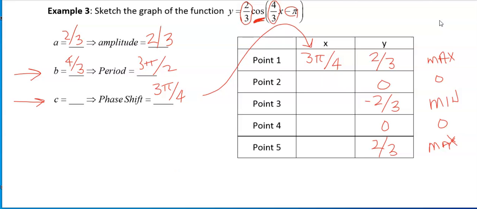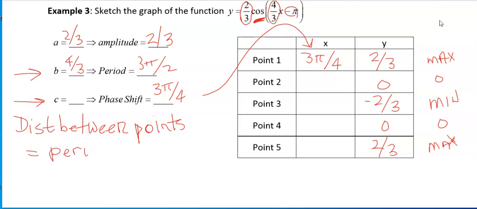So I'm going to do a calculation here now. Watch this. I like to call this the distance between points. The distance between points is equal to the period, whatever that is. I think we know what that is. And you're going to divide that by 4.